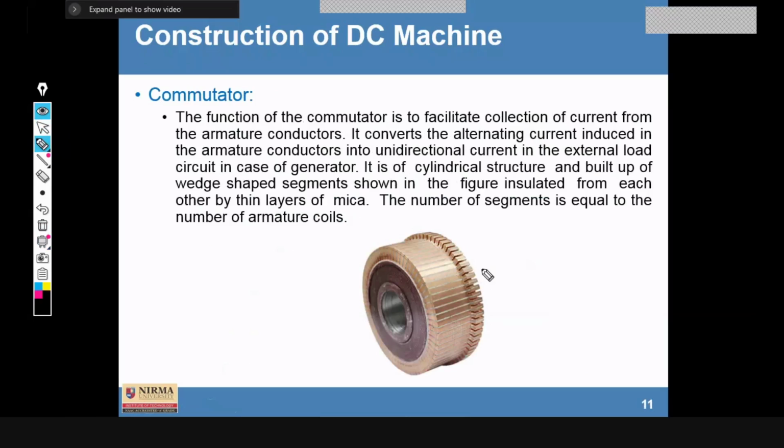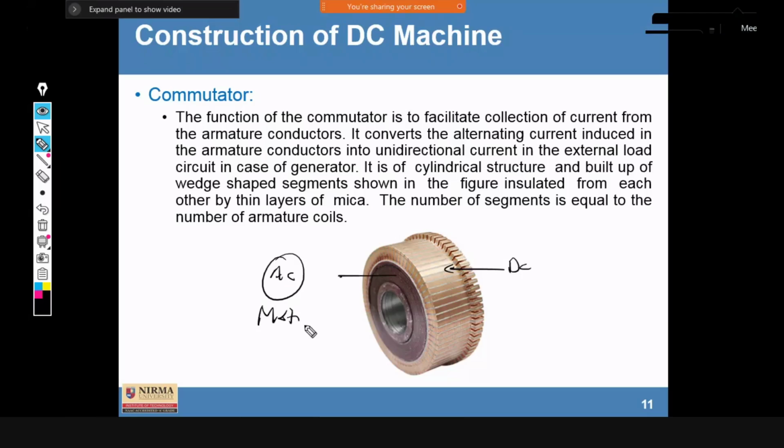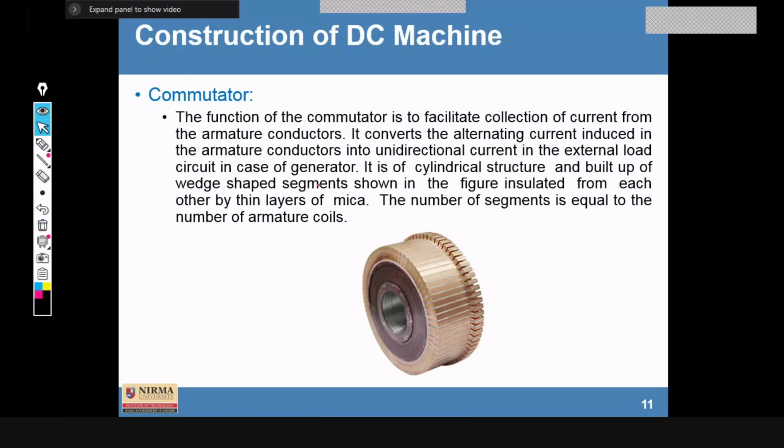We also know the function of the commutator, which converts AC into DC for the generator. Because we are giving DC supply to the motor, that DC is converted into AC for the motoring condition. So for generating and for motoring, the function of the commutator is rectification.